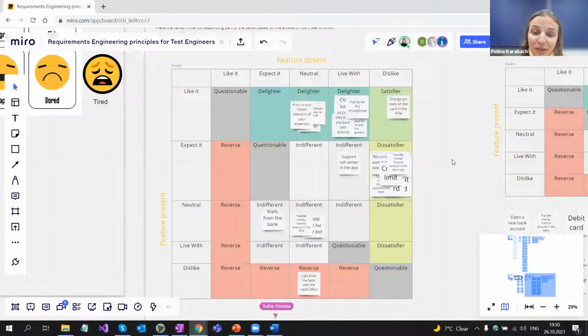So then we've seen how the features are distributed person by person.